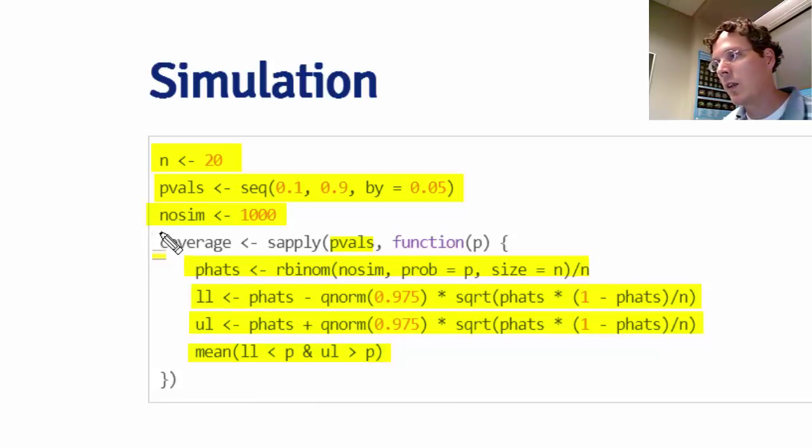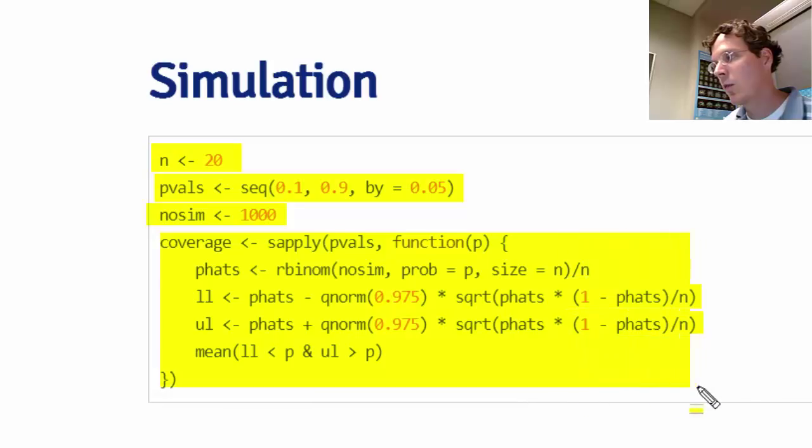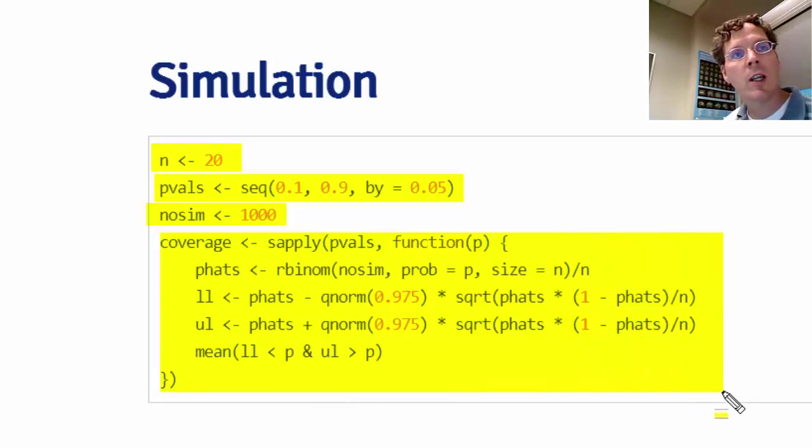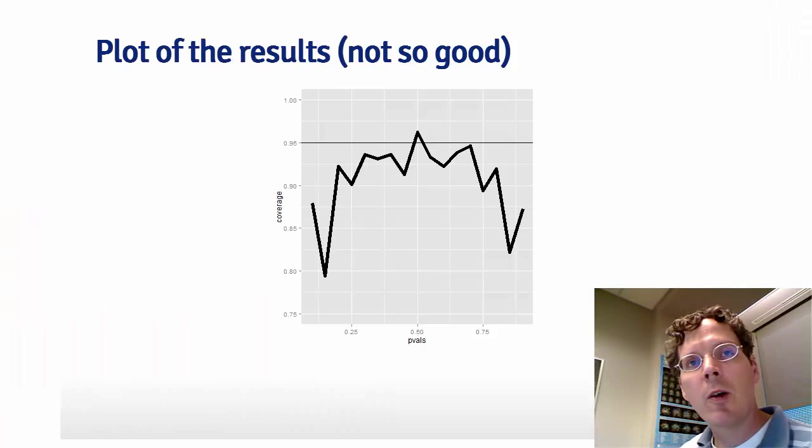This will all be in this variable that I'm calling coverage. Now what I'd like to do is plot coverage as a function of the true success probability I used to simulate the data. Here I show the plot of the coverage by the true values of p used for simulation.